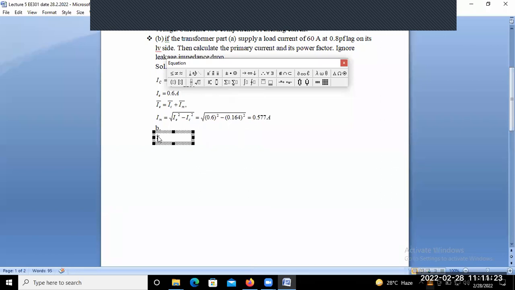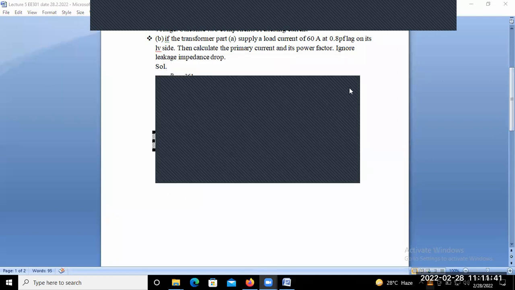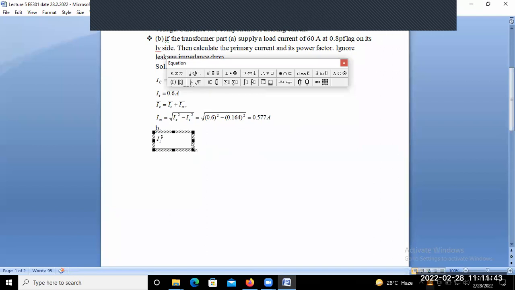I1 dash into N1 equal to I2 into N2. Is not?